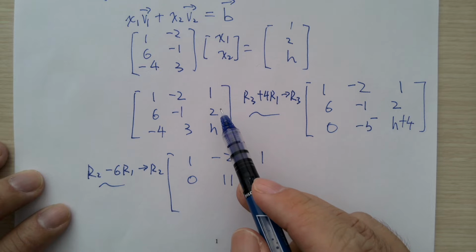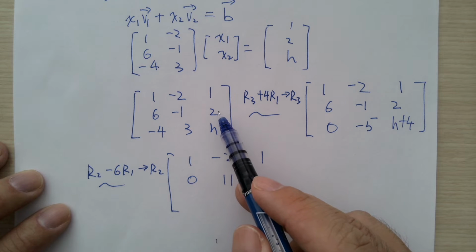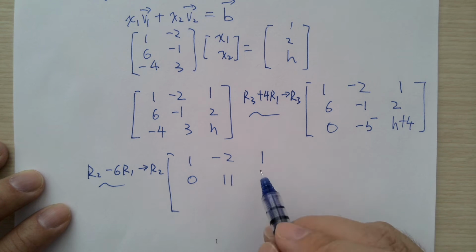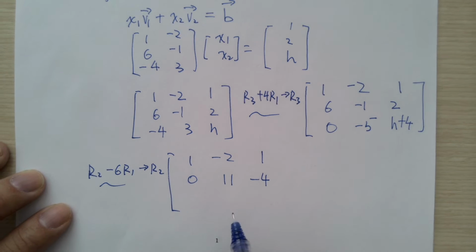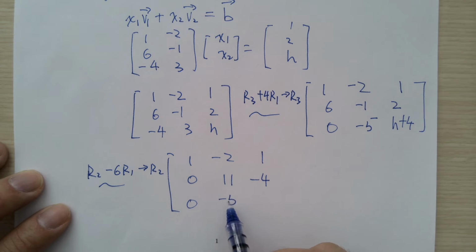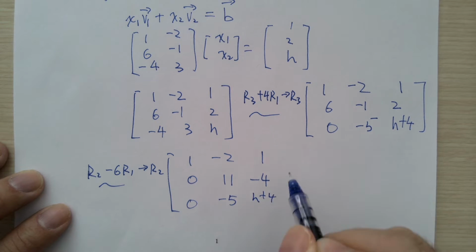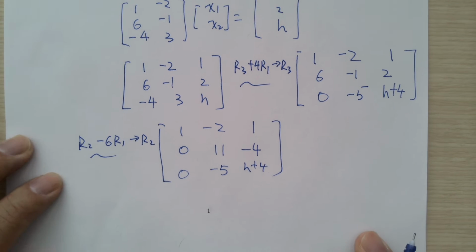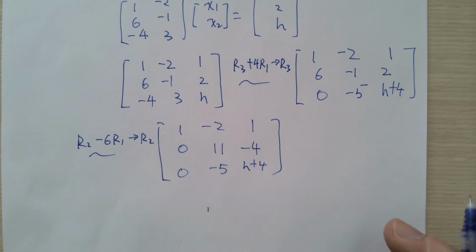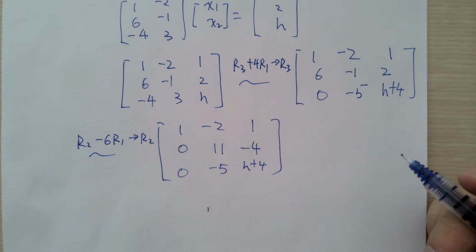And 2 minus 6 becomes -4. We have 0, -5, h plus 4.